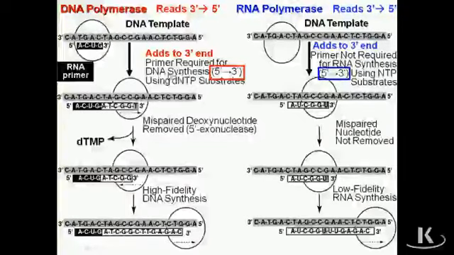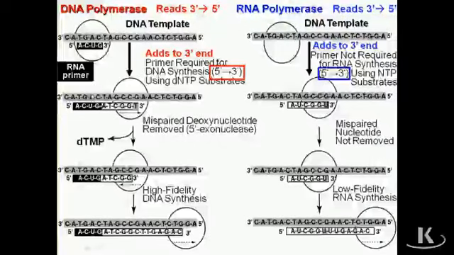Now that the primer is there, new deoxynucleotide triphosphates, the little d, can come in and add on to the 3' end. So notice this is growing from its 5' to its 3' end, in an anti-parallel, complementary fashion.